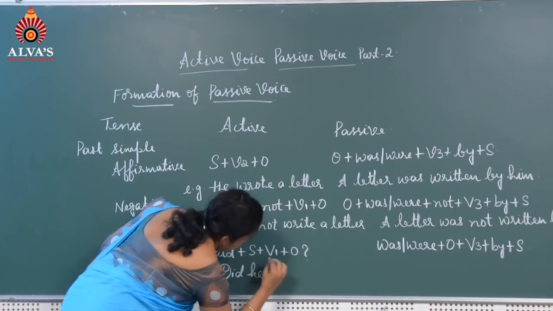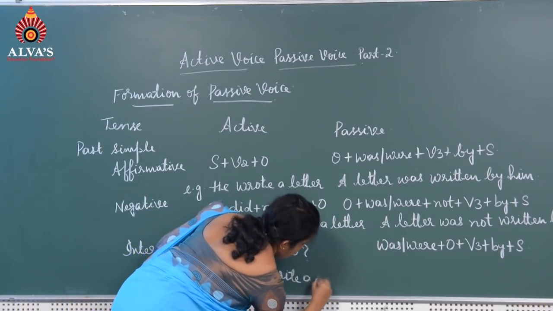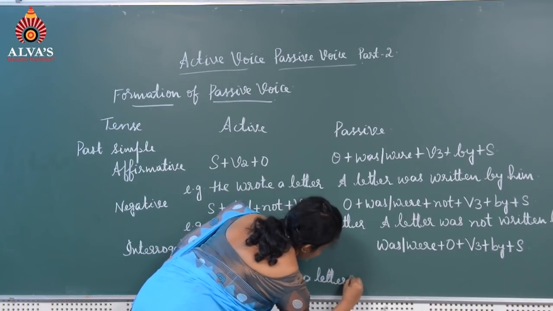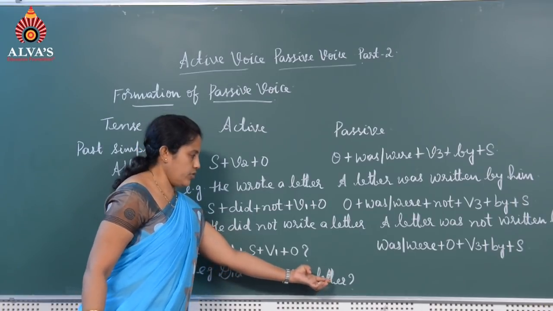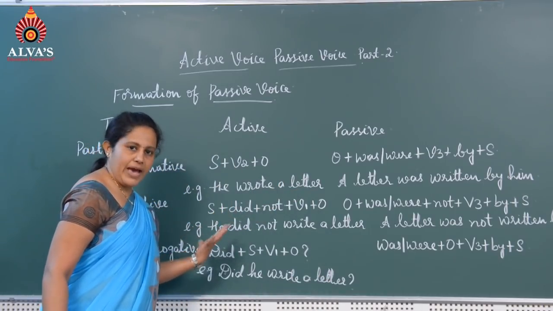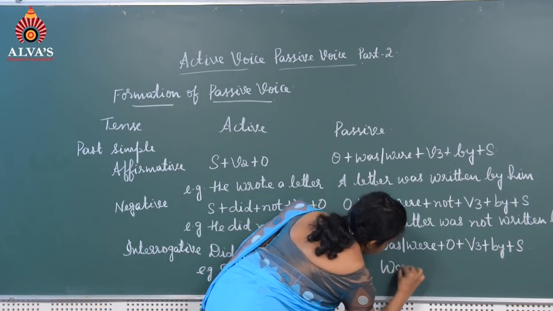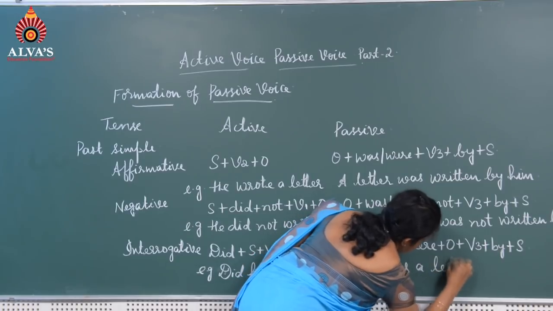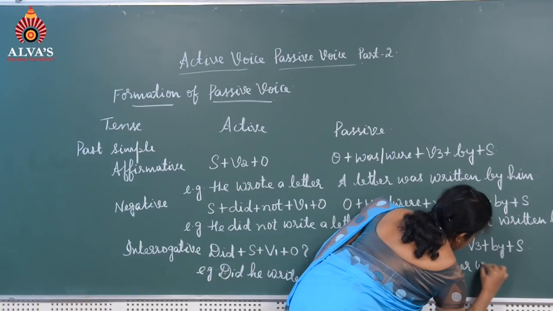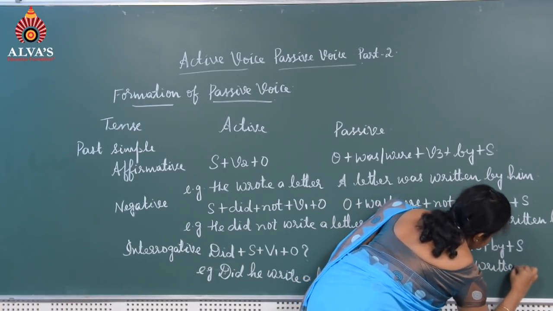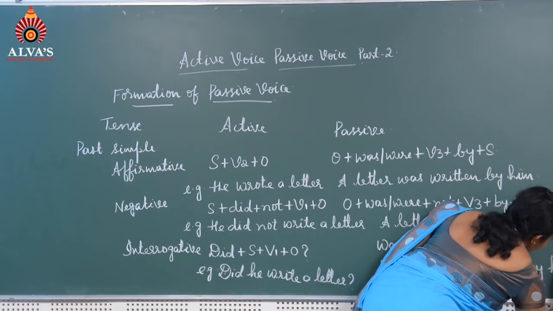If we take the same example, he wrote a letter, here it becomes: did he write a letter? Did he write a letter? Okay. So, when we change from active to passive, it becomes: was a letter written by him?